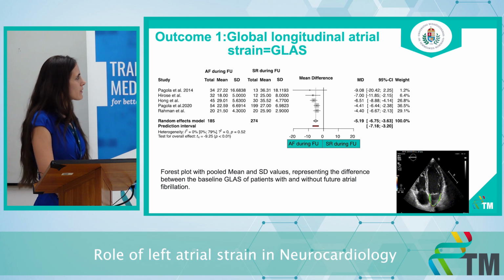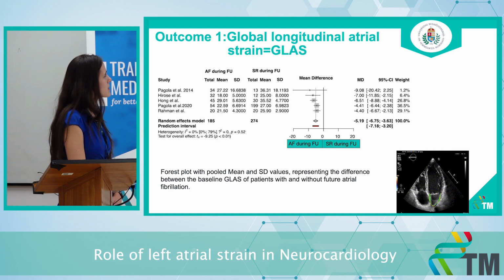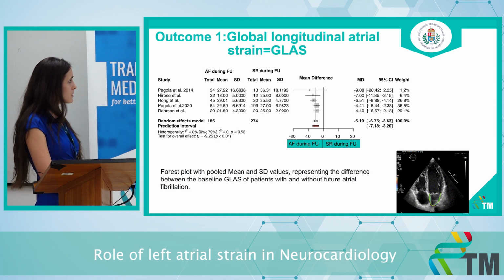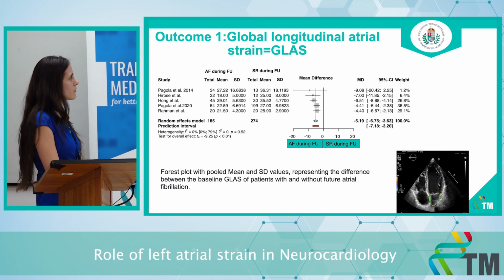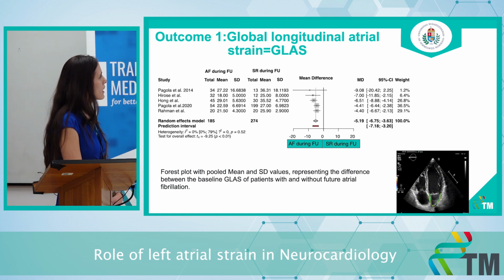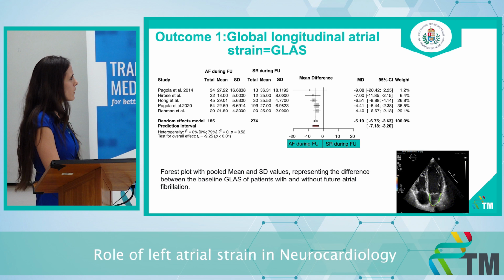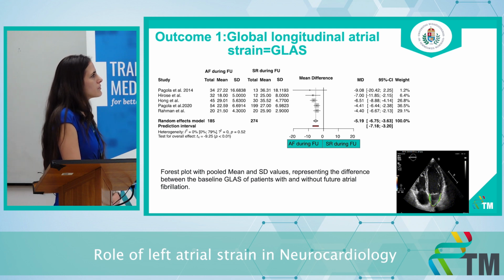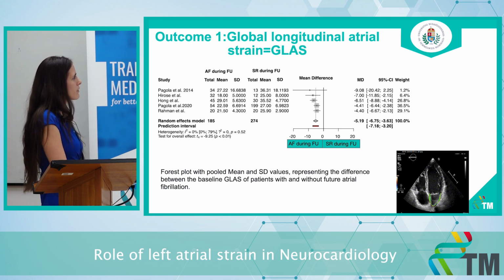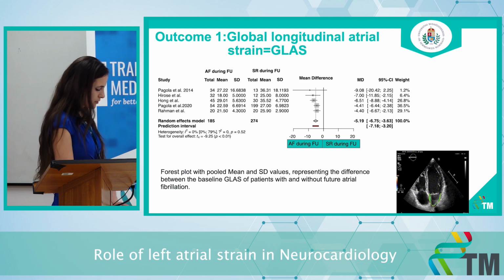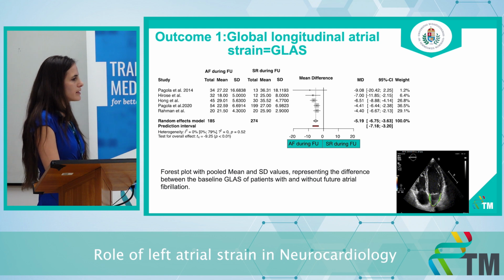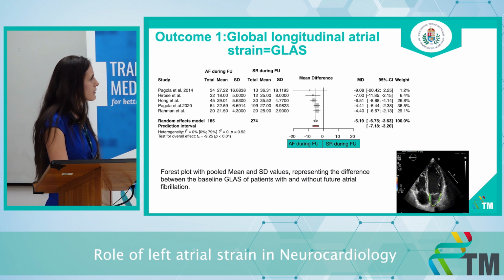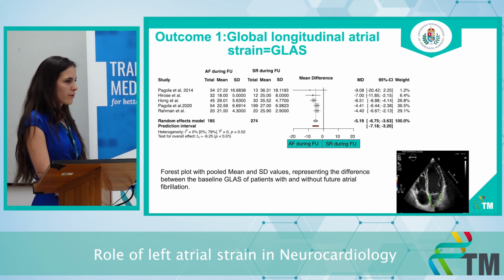Coming back to my results, as you can see, there were 5 eligible full texts for global longitudinal atrial strain analysis, and we examined altogether about 500 patients. You can see that those who developed atrial fibrillation during follow-up already had decreased left atrial strain during their baseline echocardiography exam.